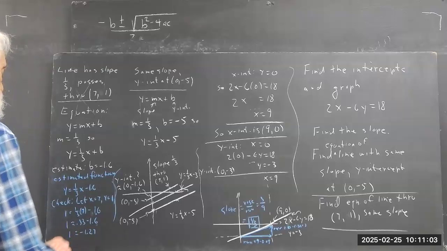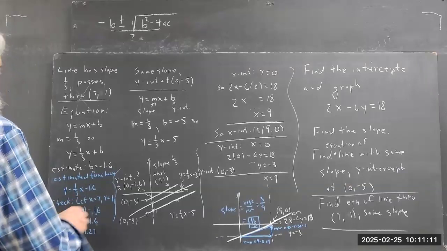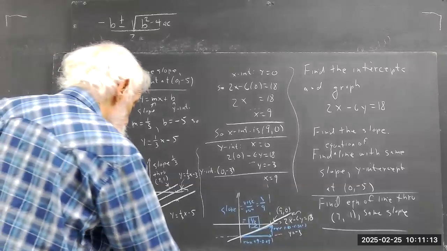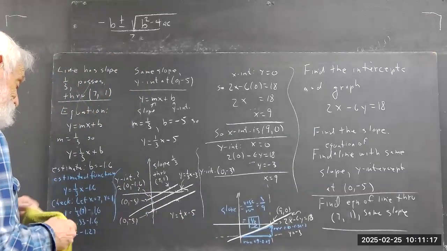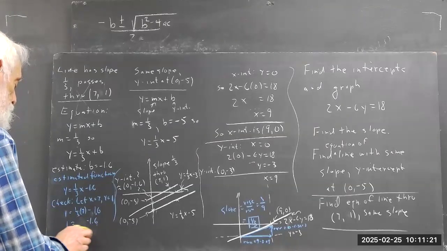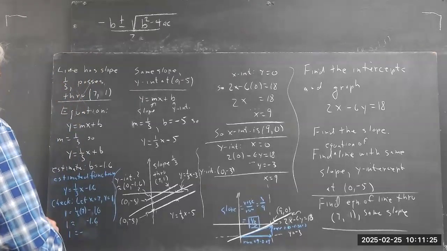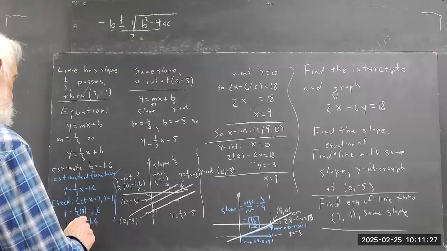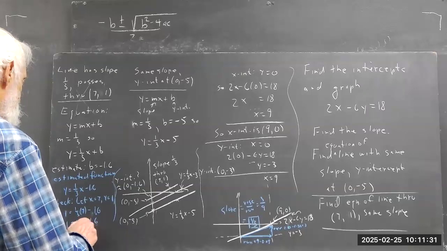So we get 1 equals 1/3 of 7. 1/3 is 0.33. 1/3 of 7 is 2.66. Okay. So y'all start doing your arithmetic right, like I do. That's 7/3, which is not 2.66, it's 2.33.